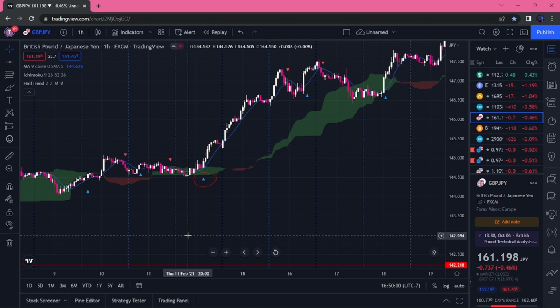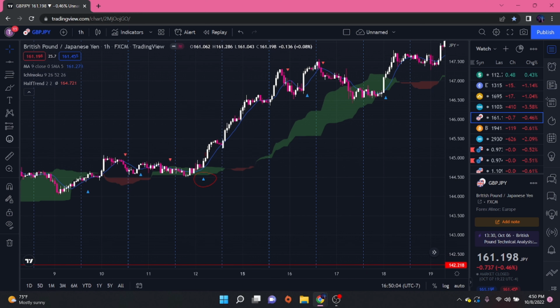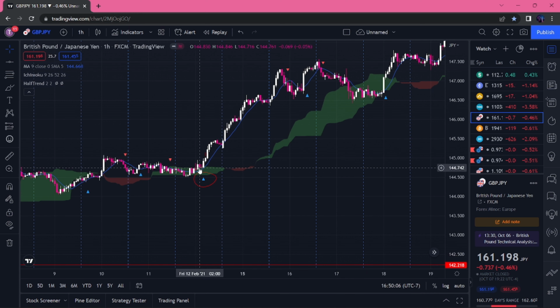Now, as you can see, there was no drawdown on this trade at all, and a lot of these signals you will see little to no drawdown, if you catch the right setups, right?